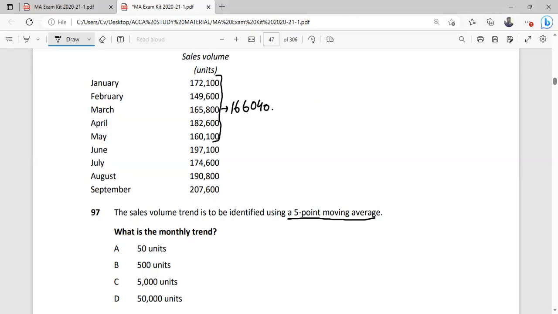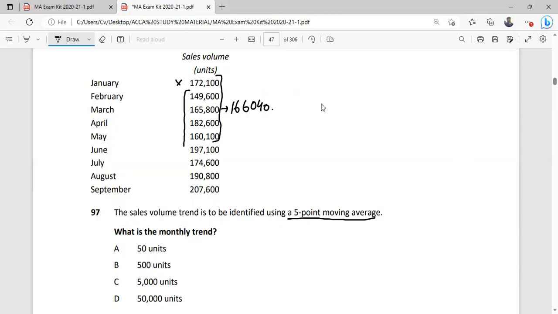If the question asks you to calculate or use 3 months moving average, 3-point moving average means you will add up these three values and divide it by 3 and will show in front of the second one or the middle one.